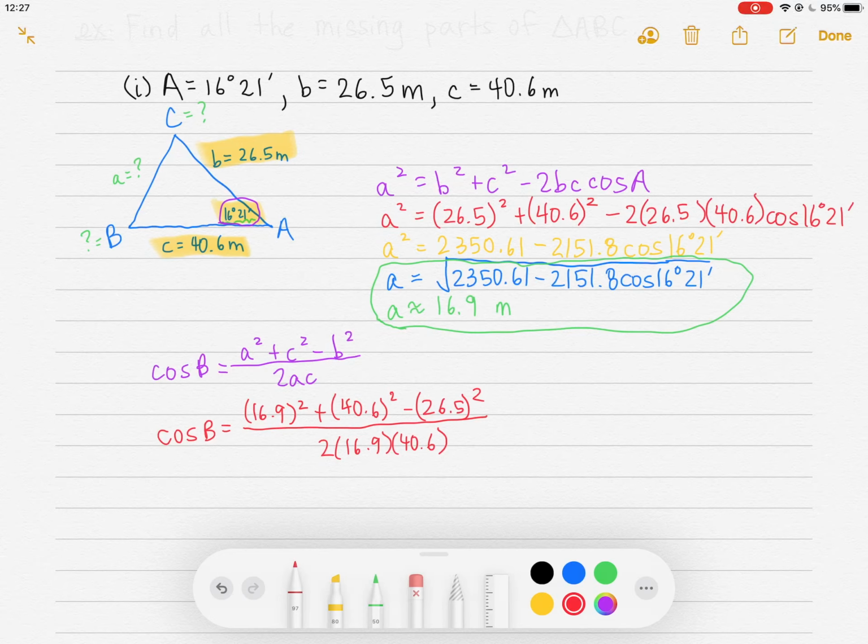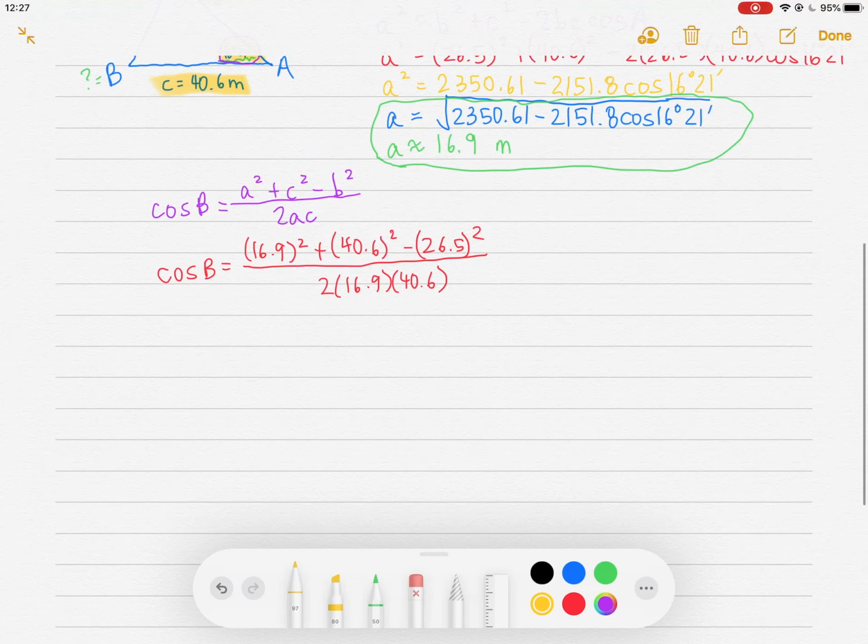So 16.9 squared plus 40.6 squared minus 26.5 squared is equal to, now you should not be doing any more rounding until the very end.